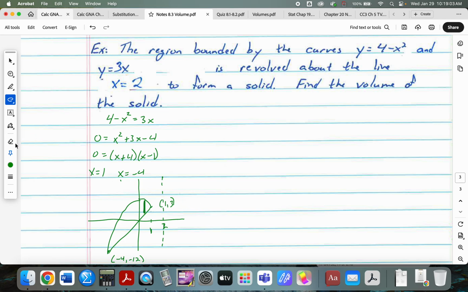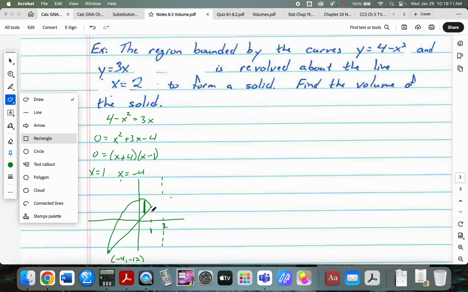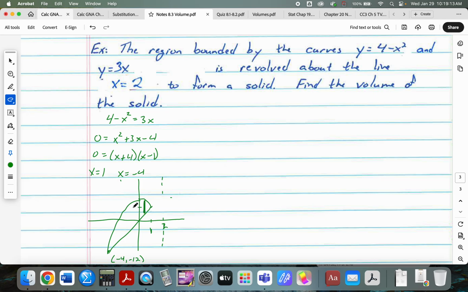When we slice like that, I'm going to make it a bit smaller. Well, I'm just going to put that's at y is 3. That'll work. So when I revolve this around, the part that I would see in the xy plane, I would see it again when it gets all the way around over here.